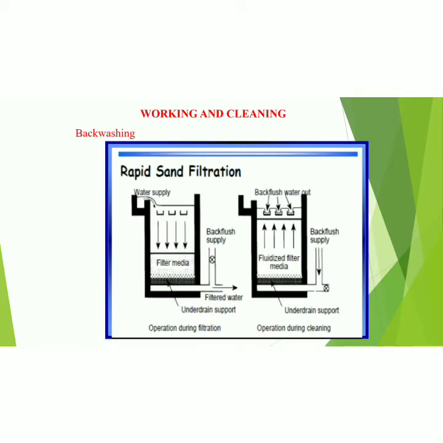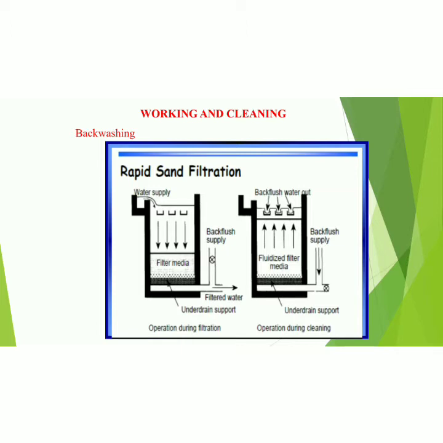So you can see working and cleaning. For rapid sand filters, washing is a very important component, that is backwashing. In the first diagram you can see the operation during filtration. Just see the arrow marks of the water, how it enters.